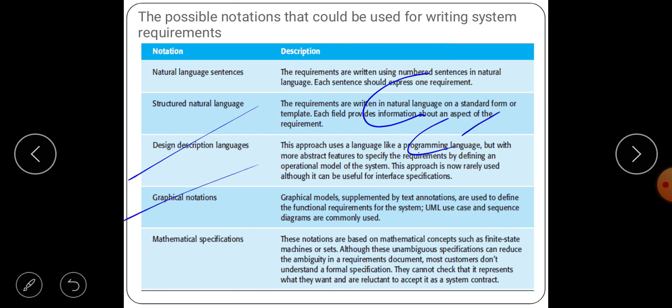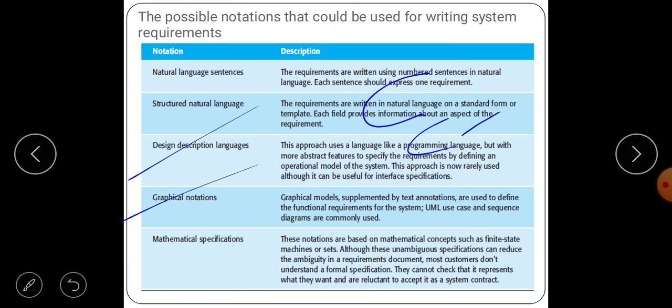Next we move on to graphical notation. Graphical models supplemented by text notation, means replacing text notation.